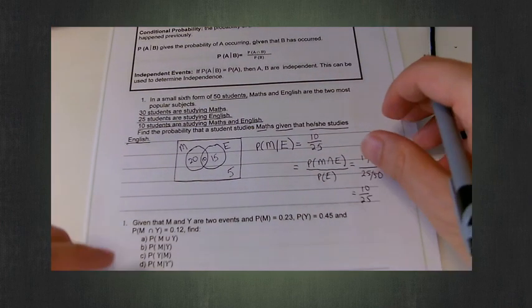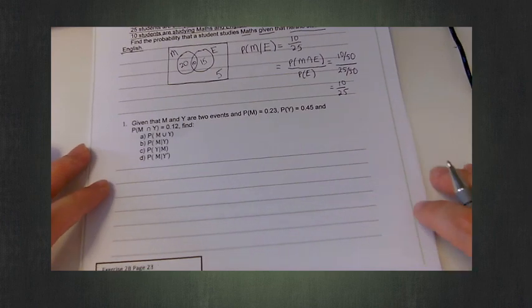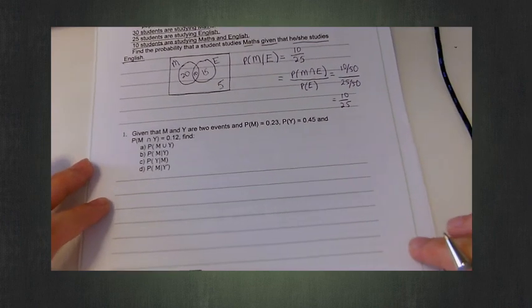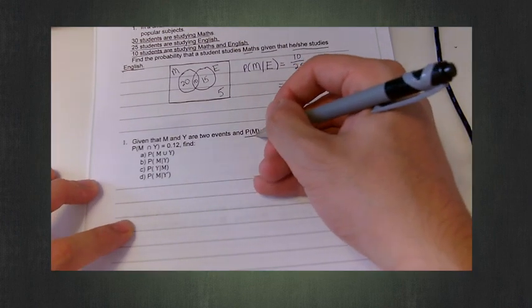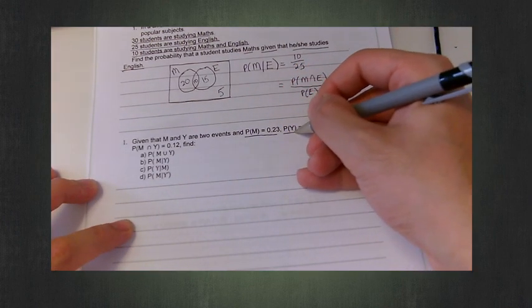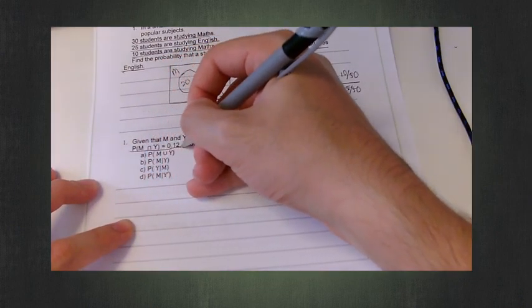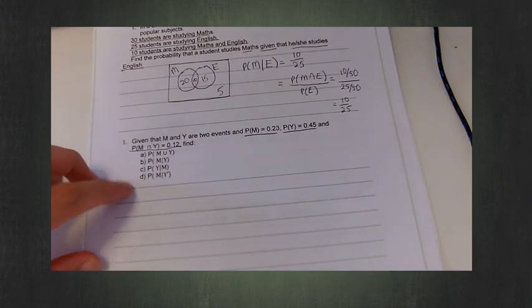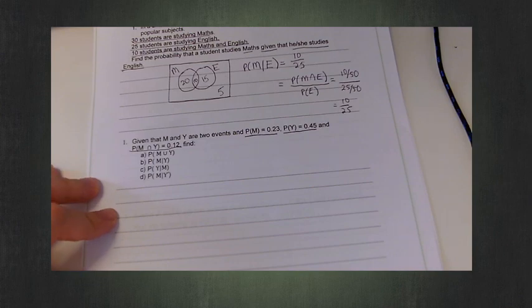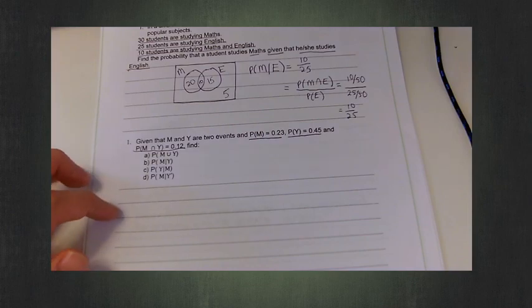Now we've got question 2. It looks like this. So we've got two events, M and Y. Probability of M is 0.23, probability of Y is 0.45, and probability of M and Y is 0.12. And based on that information, we've got to find these probabilities. Now again, I can see that if I've got probability of M and Y, that must suggest an overlap.